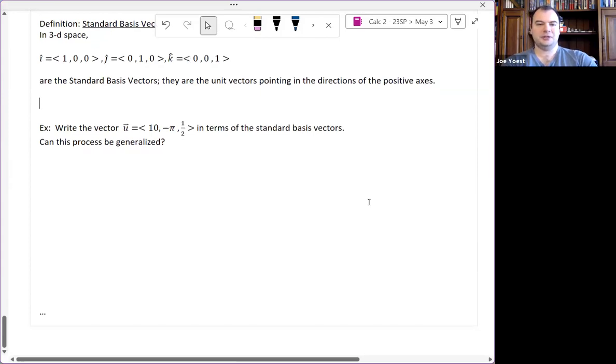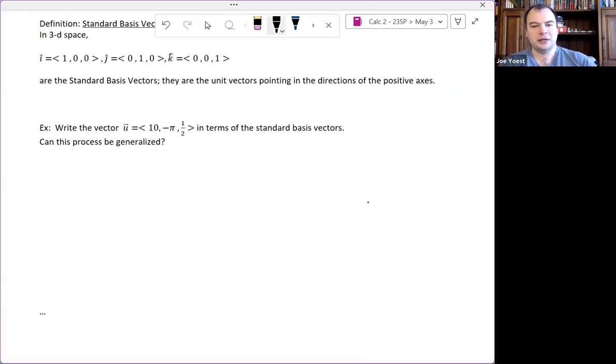And then last question is, consider the vector with these components, 10, negative pi, 1/2. Can we write this in terms of the standard basis vectors? And the answer is yes. u bar is 10 i hat minus pi j hat plus 1/2 k hat.